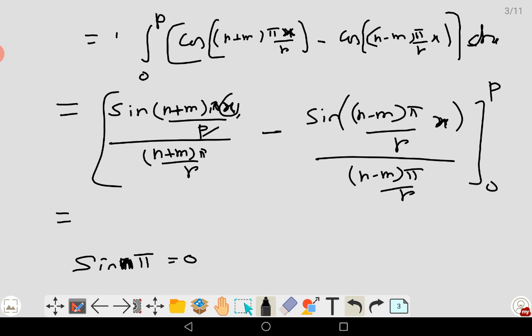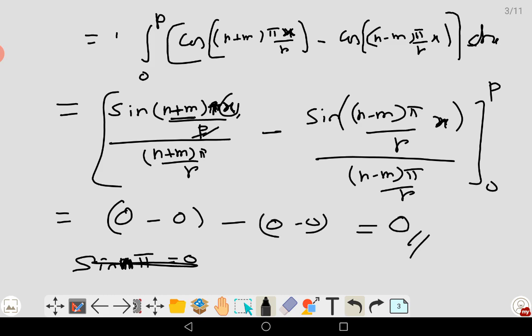So n is integer, m is integer, the summation is also an integer. The term will be 0, sin of any integer times pi. When x is p, p and p will be cancelled. So it will be 0 minus 0 for the upper limit, 0 minus 0 for the lower limit, the answer is 0. Therefore, this is done for sine versus sine.